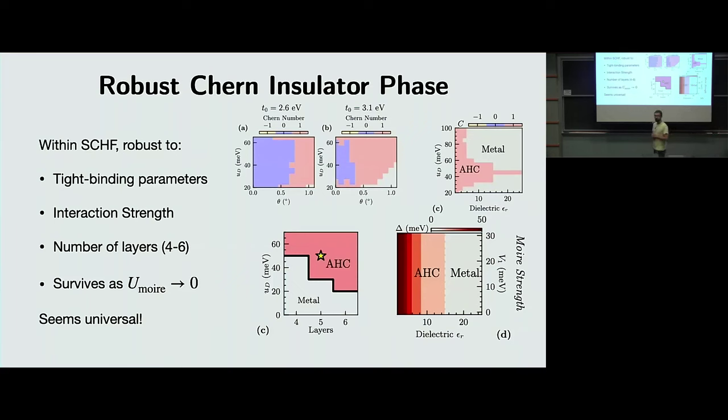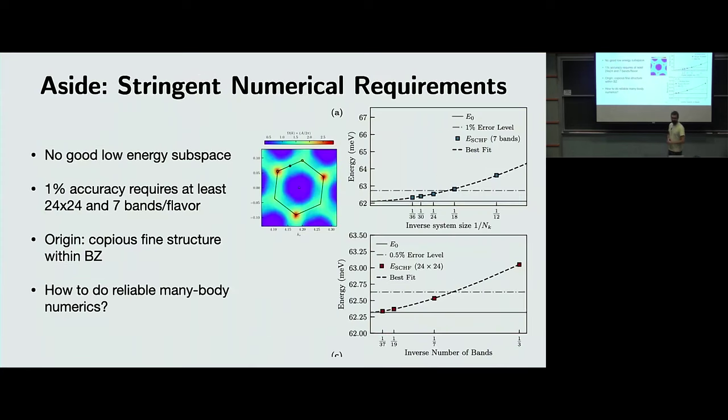So because this phase is there basically no matter what you do, it seems like a good candidate for something that could appear in the experiment, something that should be pretty robust in the face of disorder and whatever else is there in real life. The only thing, as an aside, that is going to ruin the robustness of this phase is actually numerical issues. You have to use very, very careful numerics to get this to come out right, and you need very large sizes.